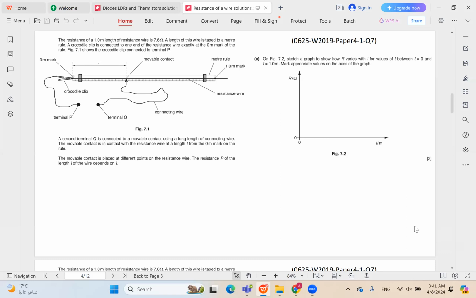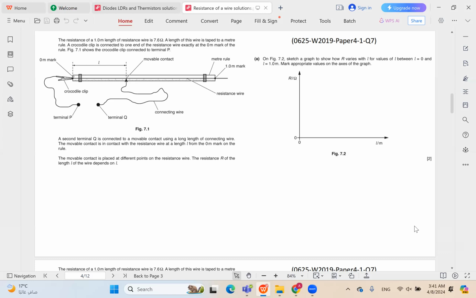The movable contact is in contact with the resistance wire at a length L from the 0 meter mark on the rule. The movable contact is placed at different points on the resistance wire. The resistance R of the length L of the wire depends on L. Sketch a graph to show how R varies with L for values of L between 0 and 1. Mark appropriate values on the axes of the graph.